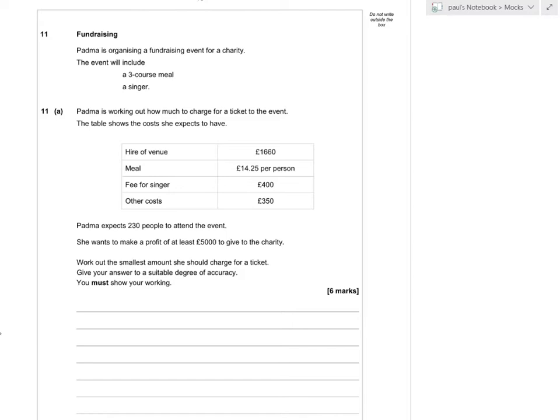Okay. So we've got the hire of venue is 1660, and the meal is 1425, and there will be 230 people turn up for that. So 1425 times 230 people will cost her 1852 and 50p left over.